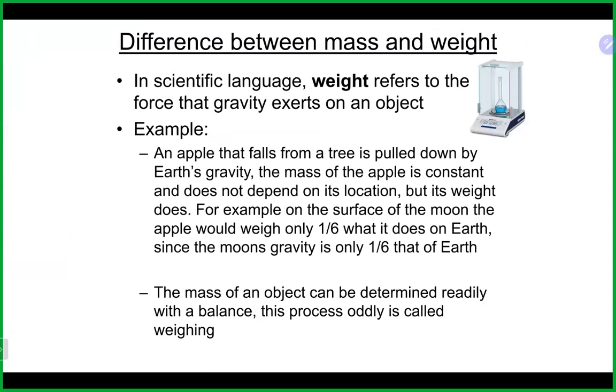So when we weigh something, which is really the process that we use to get the mass of an object, you should refer to it in chemistry and sciences as the mass of the object and not the weight of the object. So when you go to balances like we saw in the lab room the other day, you are getting the mass of the object, which is what you should record, and not the weight.